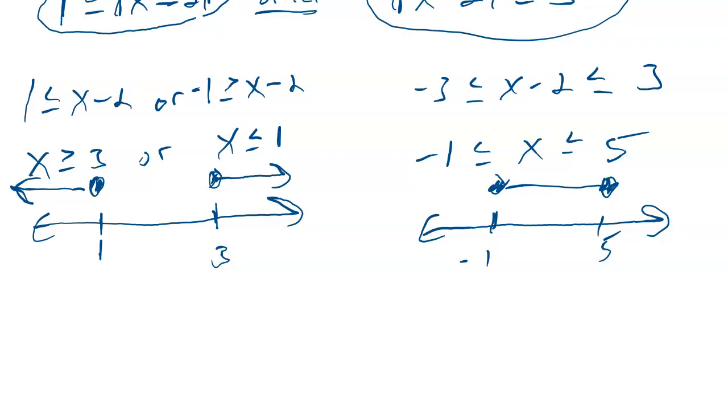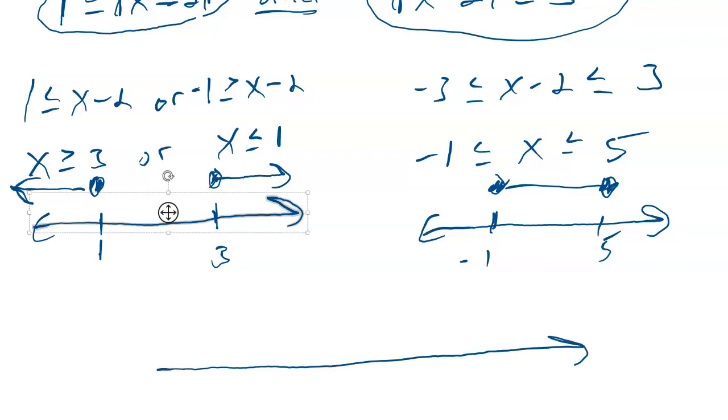So you got to look at it. And I think ultimately I'm going to superimpose these graphs on each other. I think that's going to be easier. So I'm going to put the numbers negative 1, 1, 3, and 5.